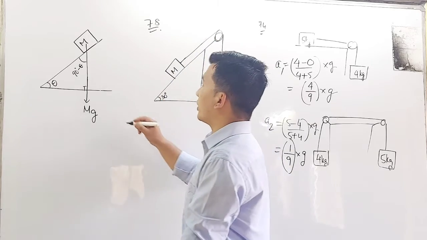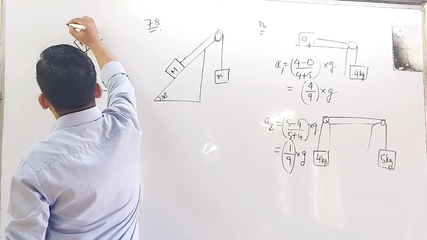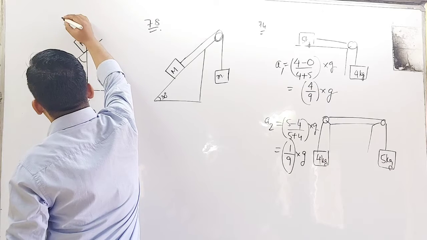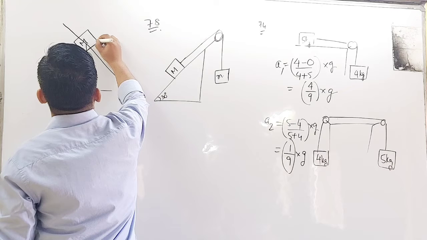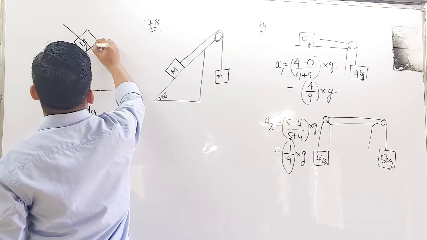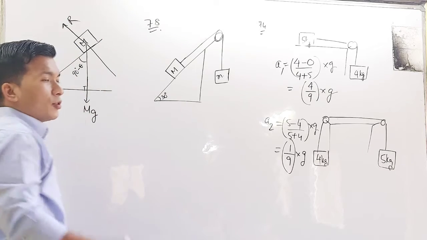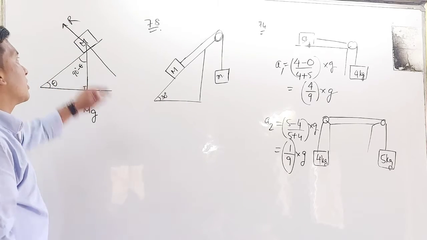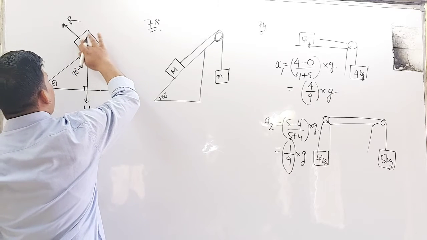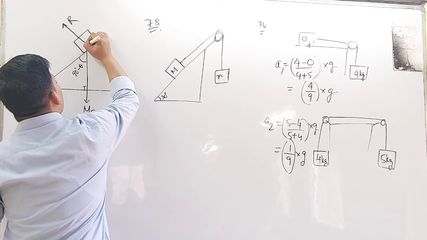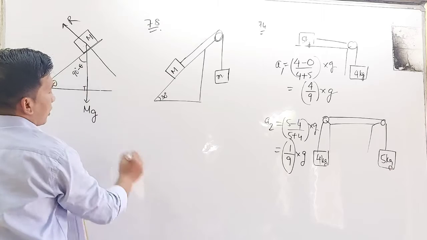Otherwise it will be wrong. The normal direction must be drawn perpendicular to the surface. The direction produced by the surface in contact will always be perpendicular to the inclined surface.